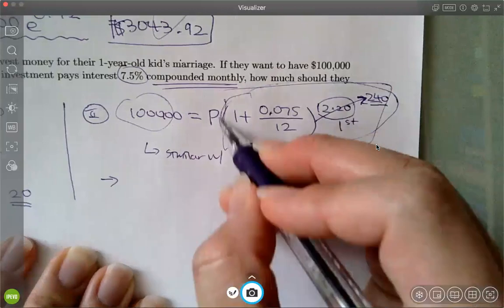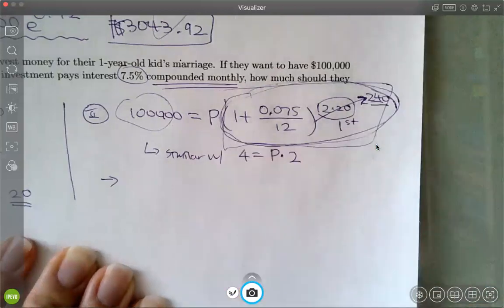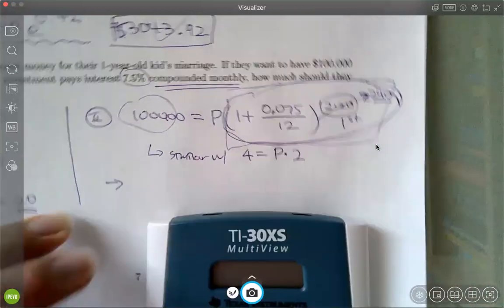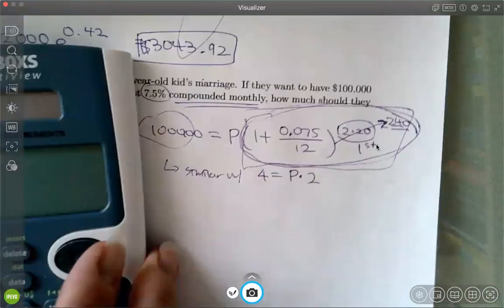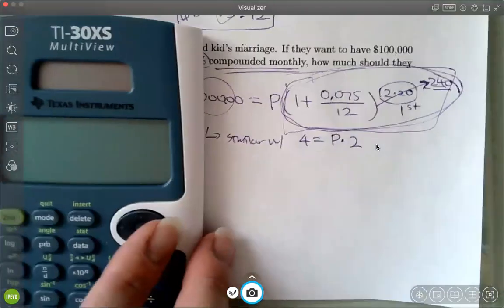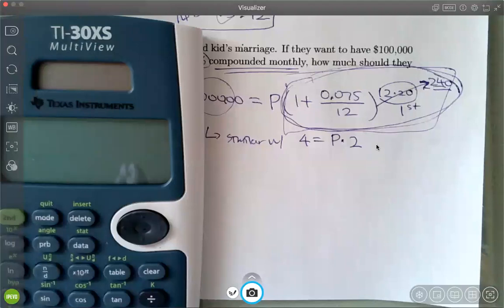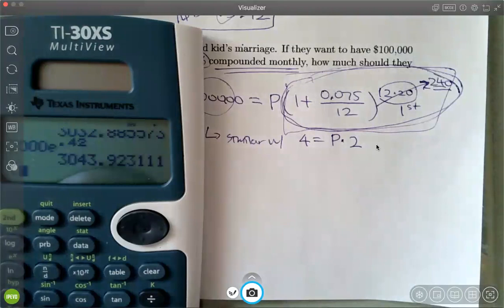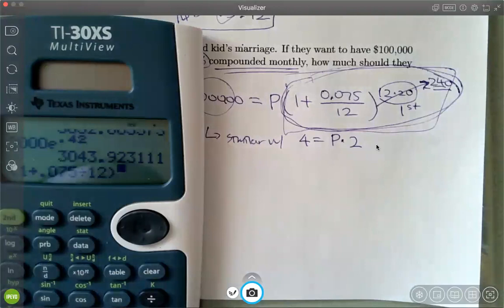Okay, so what do you do here? So you just type into your calculator that whole thing, 1 plus 0.075 over 12, okay, with parentheses, of course, because that's what we have at the beginning, 1 plus 0.075 divided by 12, and then raise it to the power 240.